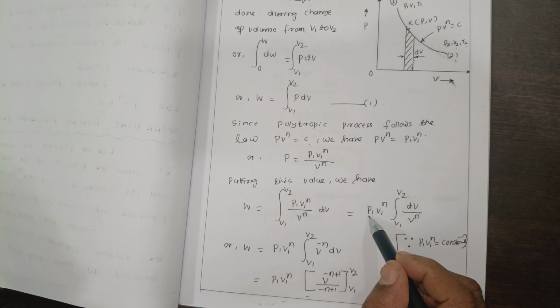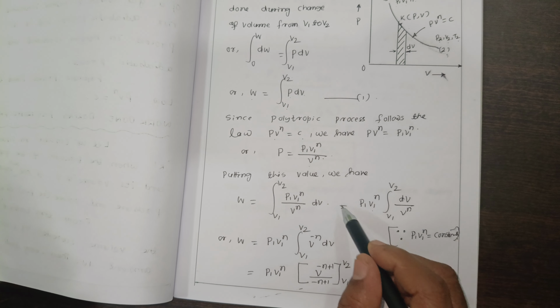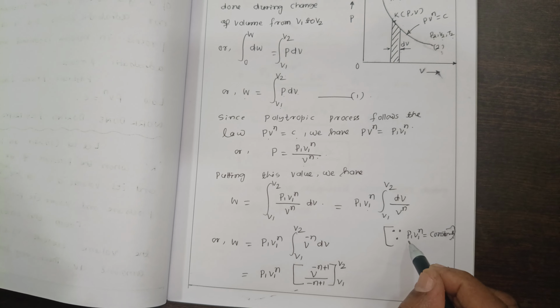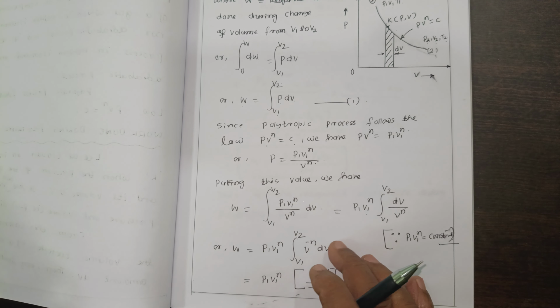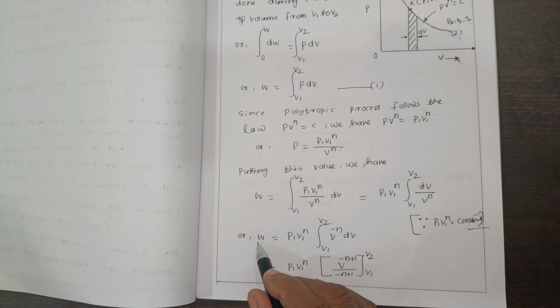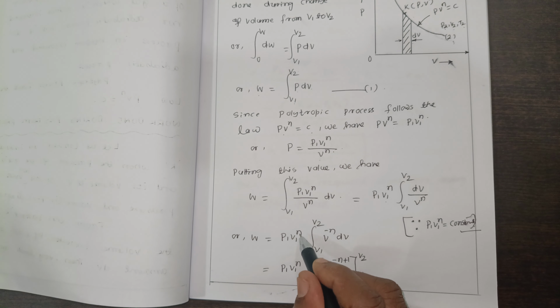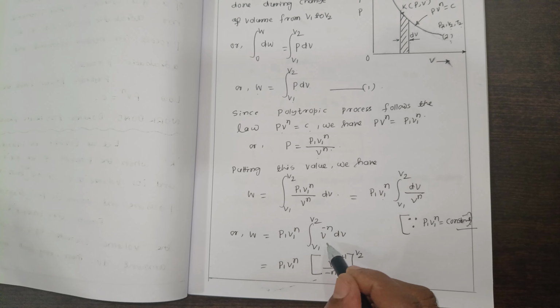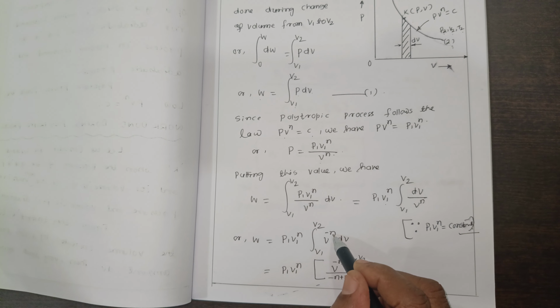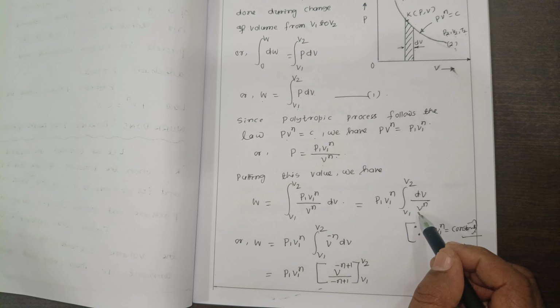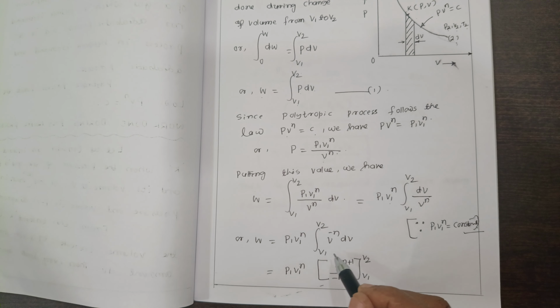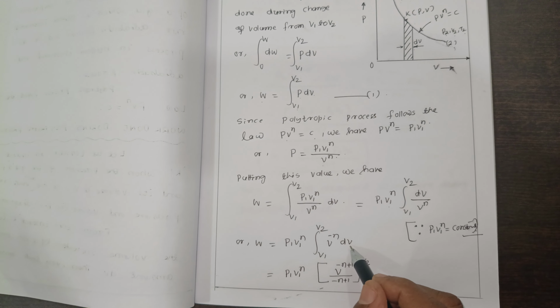Since P1 V1 to the power n is a constant term, we can write W is equal to P1 V1 to the power n within the limit, V to the power minus n dV, because the V to the power n in the denominator goes up as V to the power minus n dV.